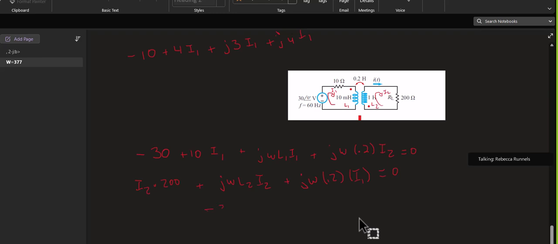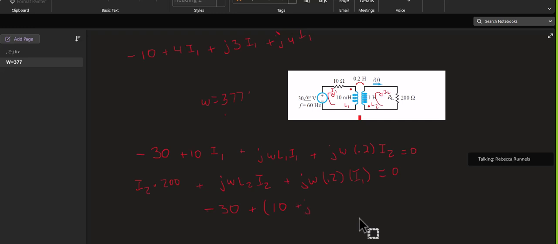So minus 30, so this is plus 10 J omega, so omega is 377, L1 is 10, so that's 3,770.